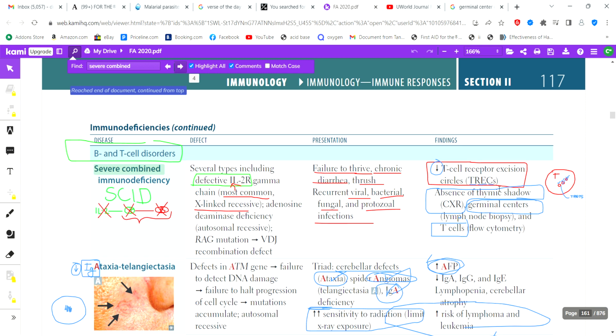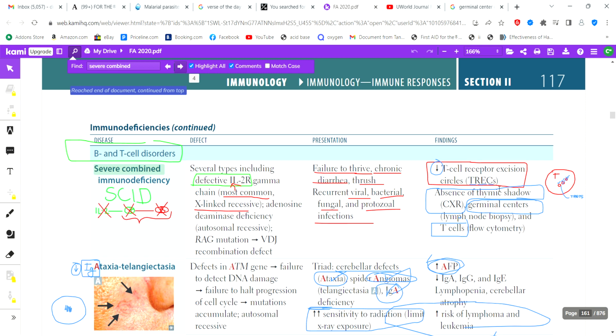So the IL-2 receptor, the interleukin 2R gamma chain, cannot work, so T cells cannot be made, and if T cells cannot be made, B cells cannot be made.